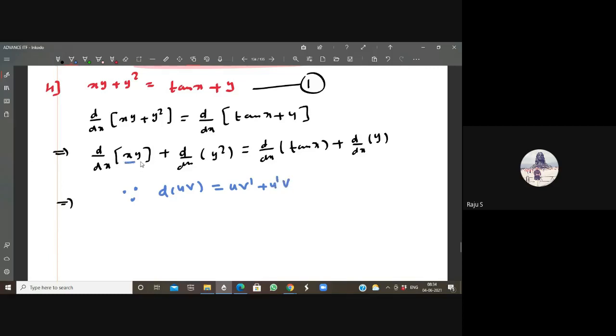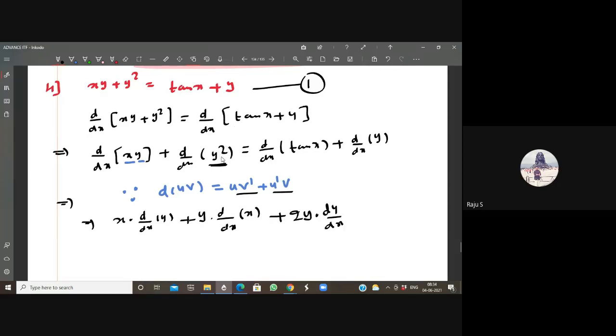I am taking x as U and y as V. Apply the UV rule or product rule. So first, U V dash: x into d by dx of y, plus y into d by dx of x. U dash is nothing but d by dx of x. Plus here y square: the y square derivative is clearly 2y into, again, the y derivative dy by dx. Chain rule.